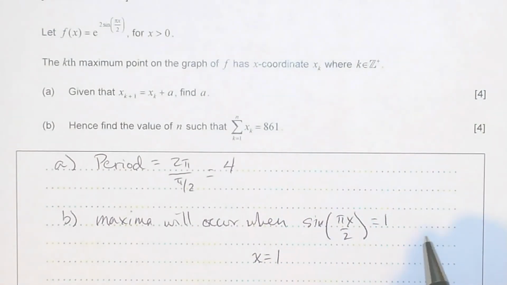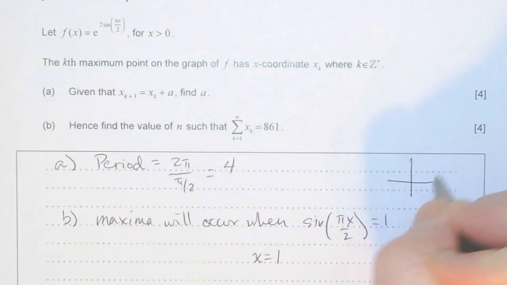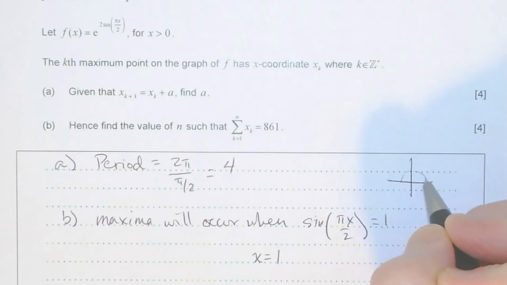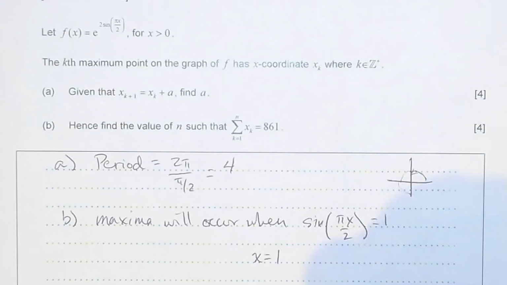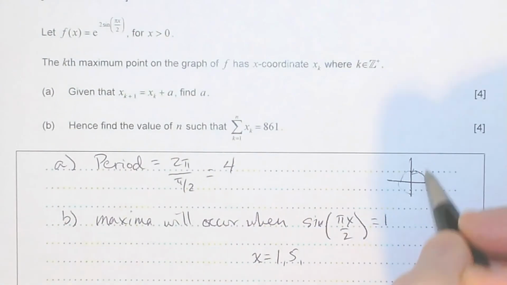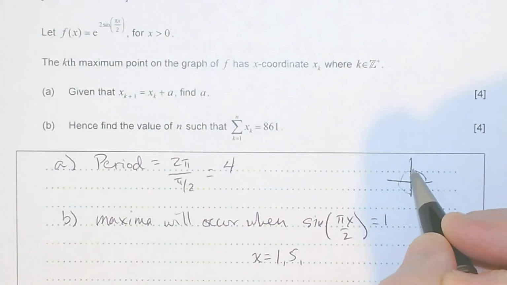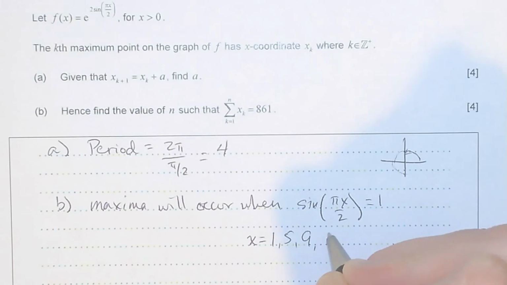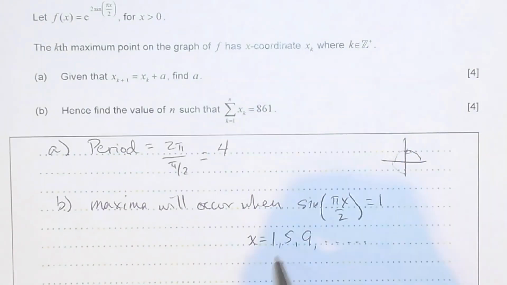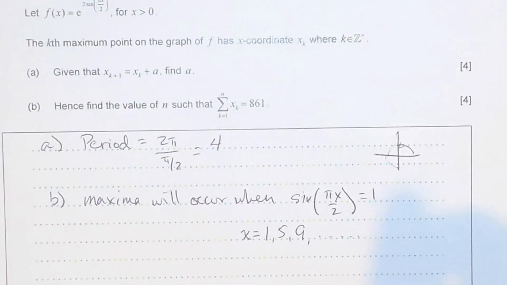And then if I go around the unit circle, I better draw a unit circle here. So here's pi halves. And then if I add 2 pi, that's going to be 5 pi over 2. And then I'm going to go around another full circle, and that will be 9 pi over 2, and so on. So I'm looking for this pattern where x equals 1, 5, 9, and so on.